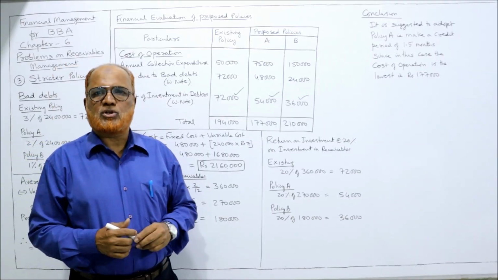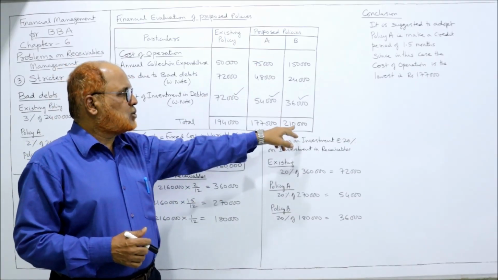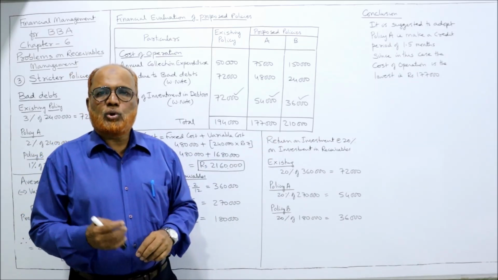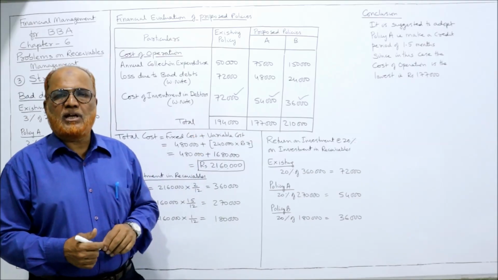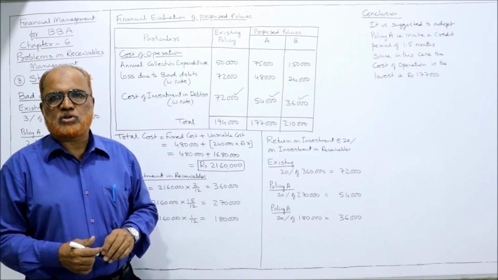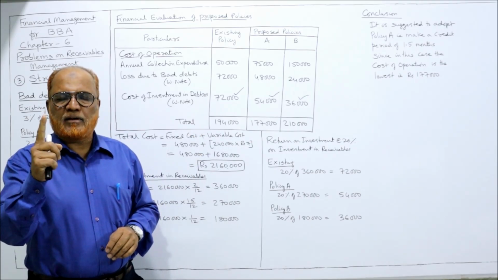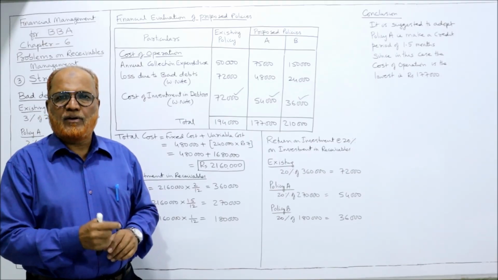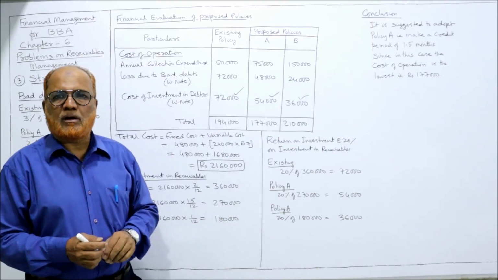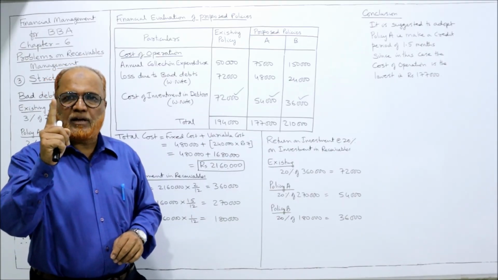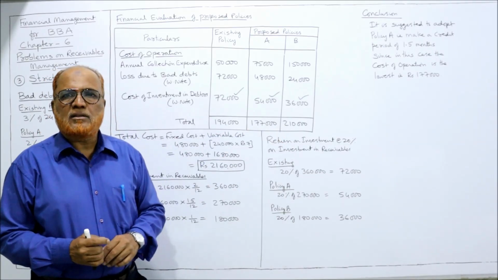This is the cost of operation. In B policy, 2,10,000. जब 1.5 मंथ कर देंगे, तो कॉस्ट 1,77,000 जा रहा है. जब 1 मंथ क्रेडिट पीरियड देंगे तो it comes to 2,10,000.